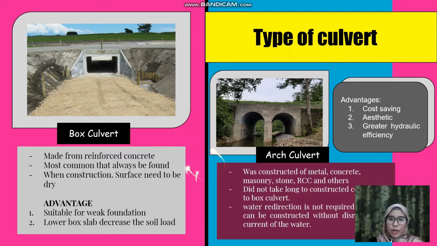The second type of culvert is the arch culvert. Arch culvert is constructed from metal, concrete, masonry, stone, RCC, and other materials. It does not take a long time to construct compared to the box culvert. Water redirection is not required in this construction because it does not disrupt the current of the water.